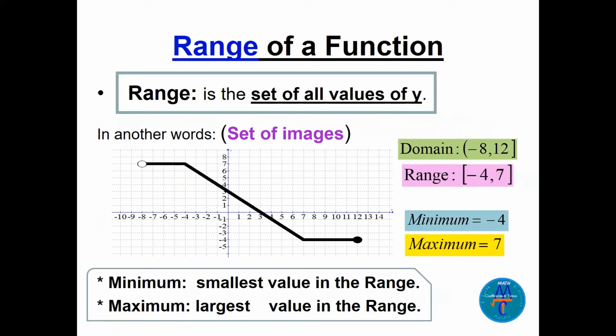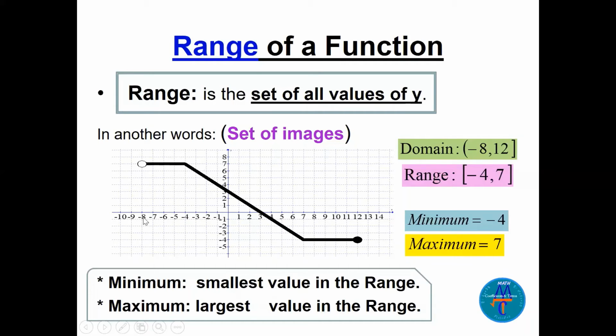Now the range is the set of values of y. Set of images, you can also say for the range. I put here nice examples. Suppose we have a graph and I will find 4 things from this graph. Let's find the domain. The domain is the values of x.